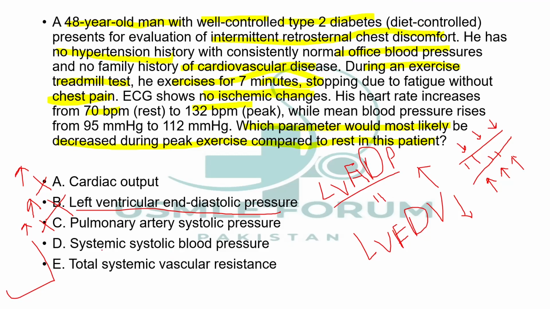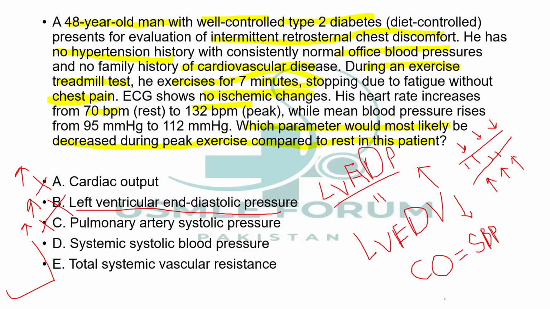So, systemic systolic blood pressure. Now, one more rule that you have to understand is that cardiac output is basically not equal, but it is dependent on the systolic blood pressure.